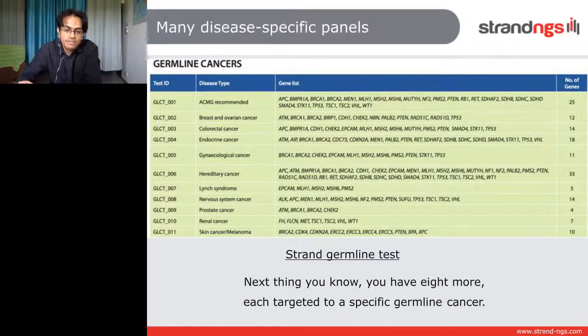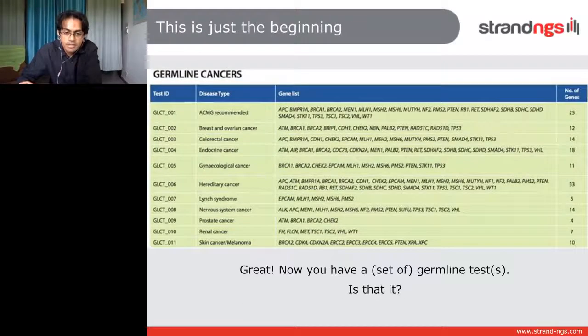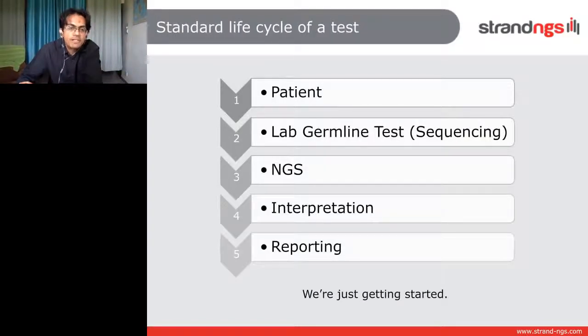Right? You have a set of germline tests, but so what? Is that it? Are you done? Remember, you're the PI of a clinical genomics lab, right? Are you done? Well, you're kind of far from done, right? Because you start with the patient, and then you go on to the germline test itself, which you just saw, and you have to do sequencing for that test, DNA sequencing. And then you actually have to do some kind of NGS where you look at the sequenced data with software and interpretation.